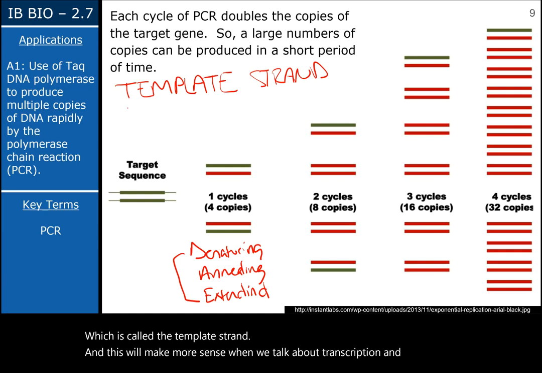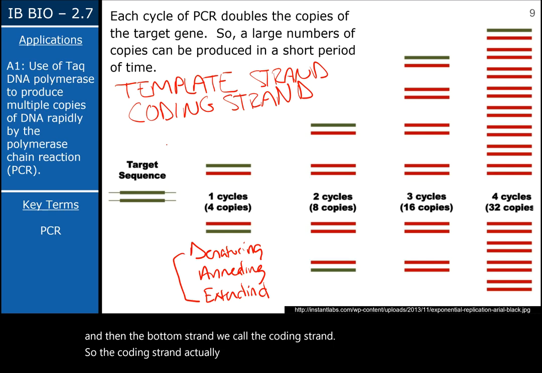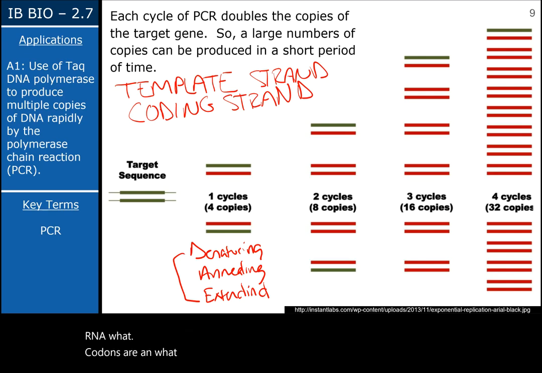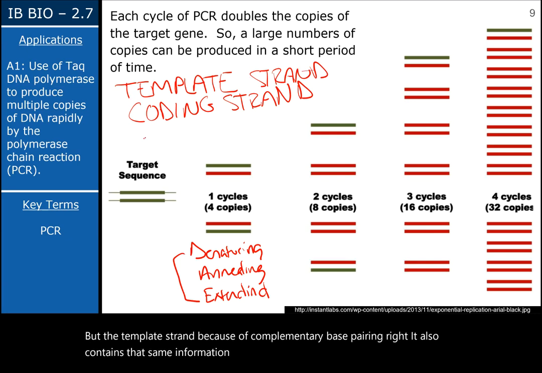The bottom strand we call the coding strand. So the coding strand actually holds the nucleotides that tell the mRNA what codons are and what amino acids to put together. But the template strand, because of complementary base pairing, right, it also contains that same information because it's complementary.